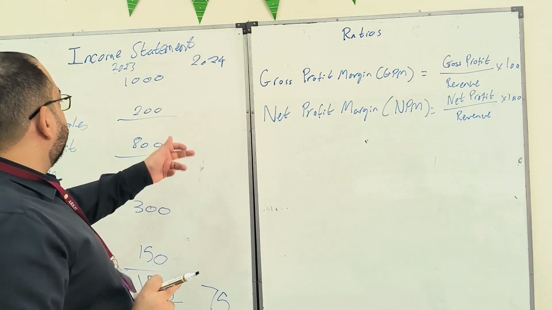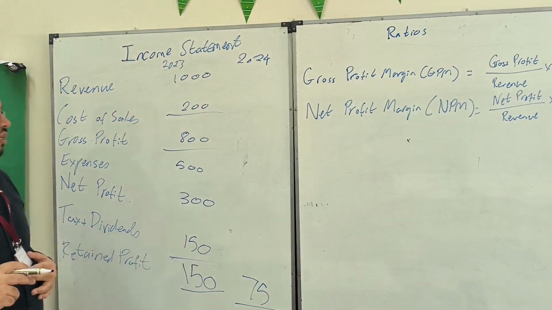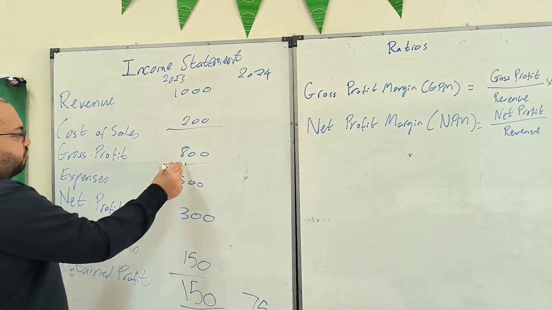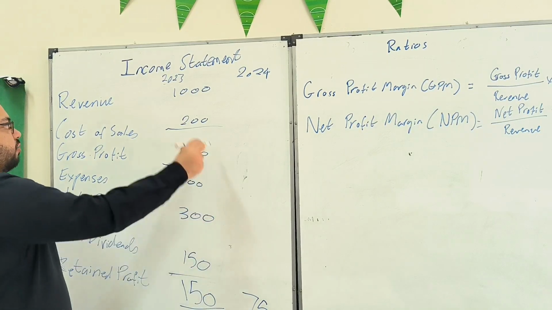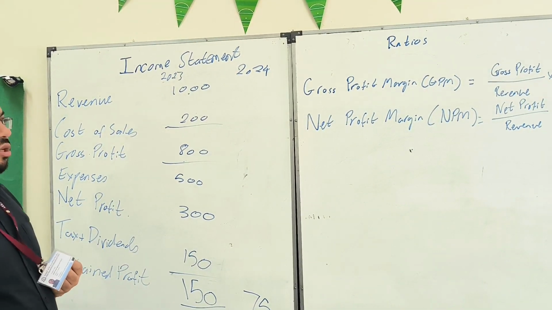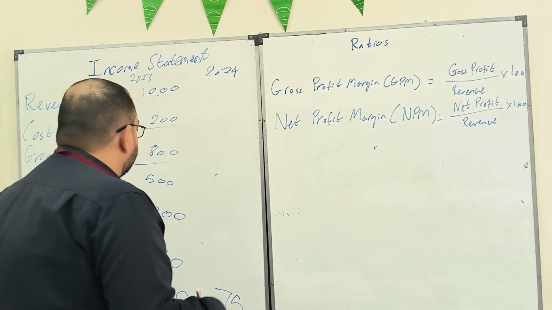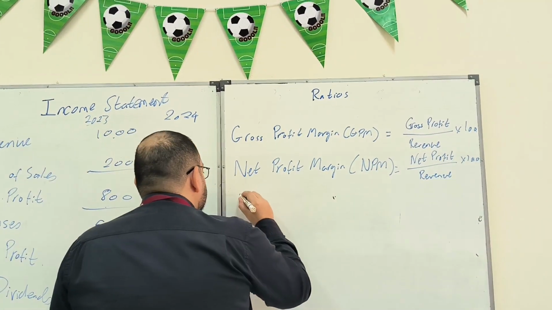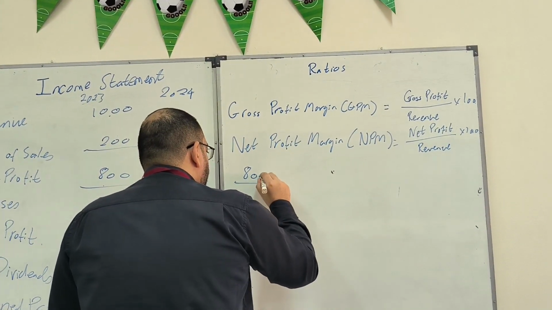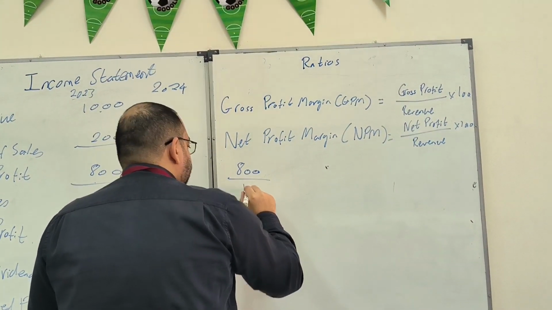So if we go back here to our previous example that we had shown you in the previous video, we have our gross profit figure over here, which is 800. We have our revenue figure up here, which is 1,000. So all we do is we plug in the numbers. So gross profit is 800. Our revenue is 1,000.